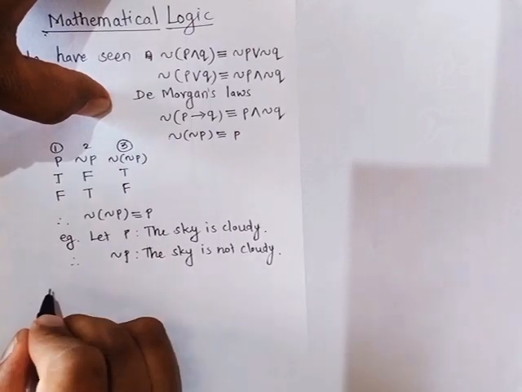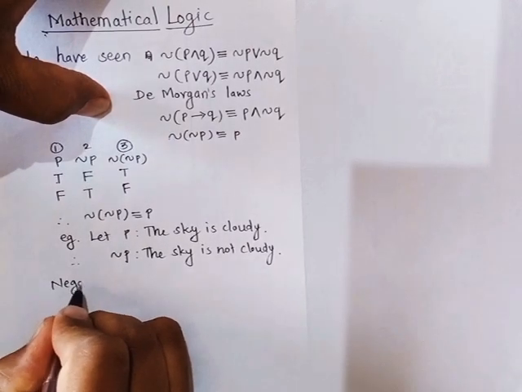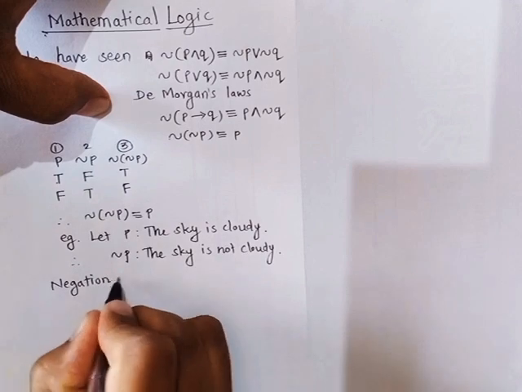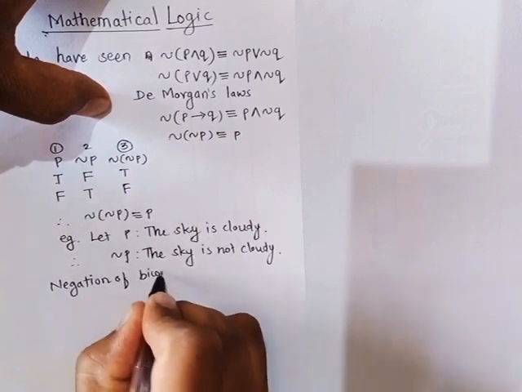Now the next point is negation of biconditional.